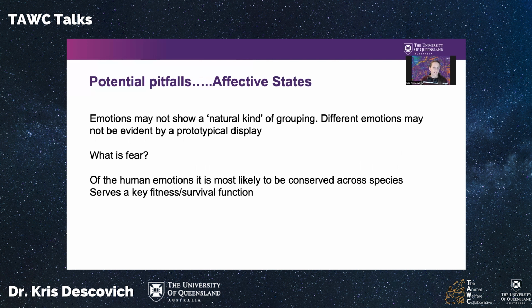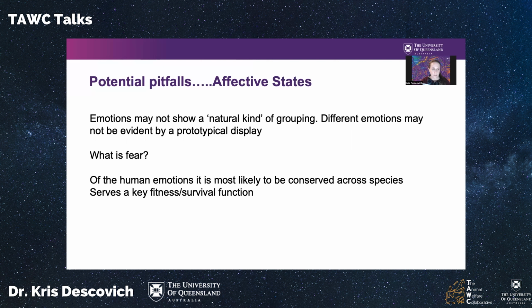Now, if I think about using facial expressions in terms of affective states and emotional displays, I would say that we have to be careful of applying human labels to some of the facial expressions that we might see with animals. For example, emotions may not show a natural kind of grouping, and different emotions may not be evident by a prototypical display. So what do I mean by that?